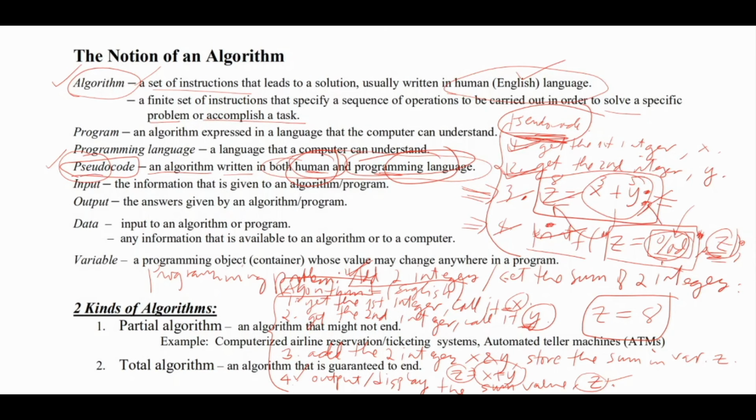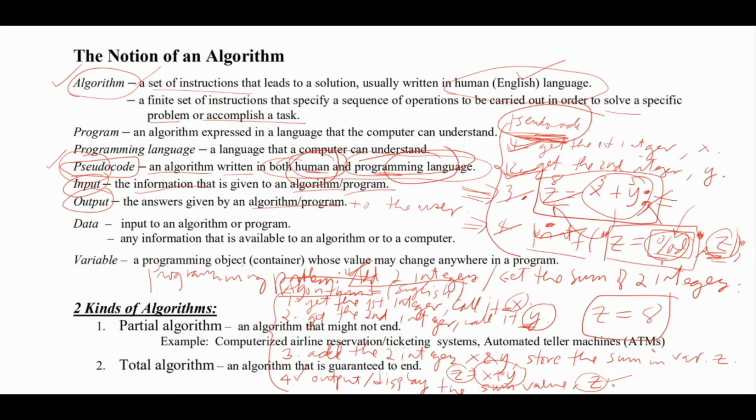Now, the term input refers to the information or data or values that are given to the algorithm or program. And output refers to those values or data given by the program or algorithm to the user of the program.